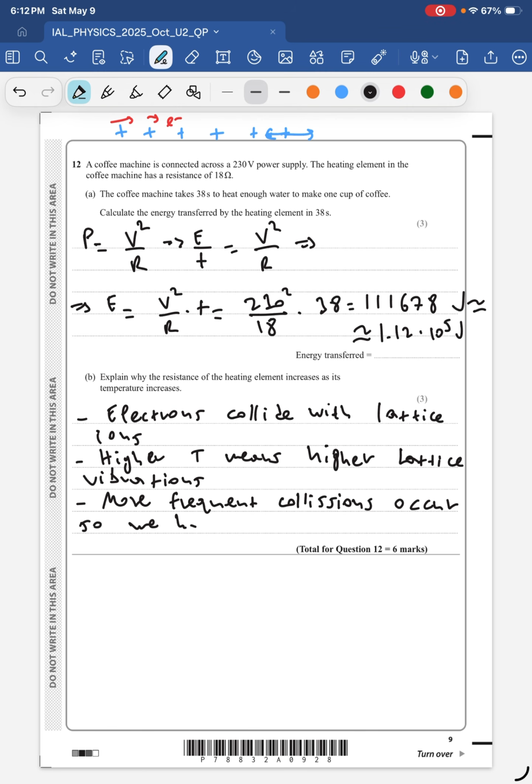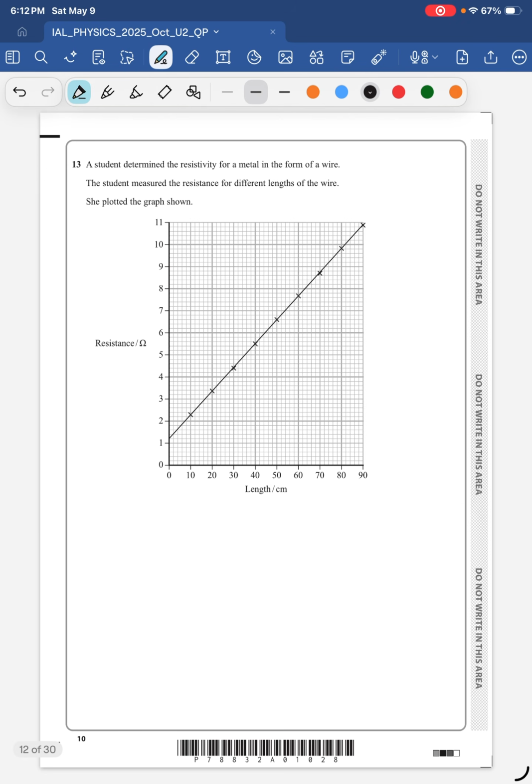So we have a higher resistance. Okay, and this was question 12. I think there is nothing more to say. Let's move on to question number 13.